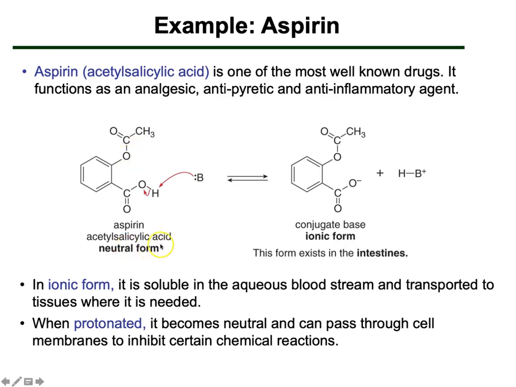In its neutral form, the aspirin is not very soluble in water, but it is soluble in the membrane of cells, and can then be transported into the cell where it's needed for its effects on various chemical reactions to take these actions in the body.